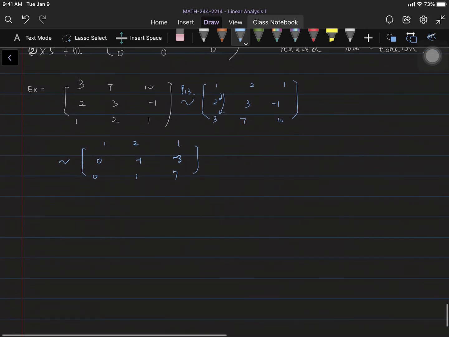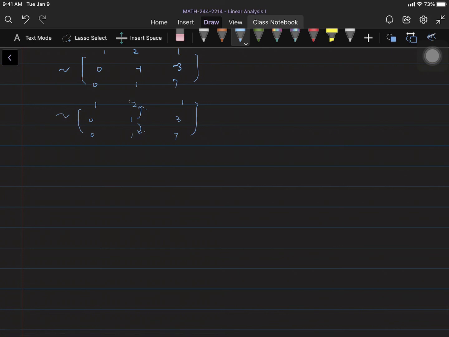Next, we need a leading one in the second row. 0, 1, 3, so just change it to positive. Next, I'm going to use this one to make them into 0.